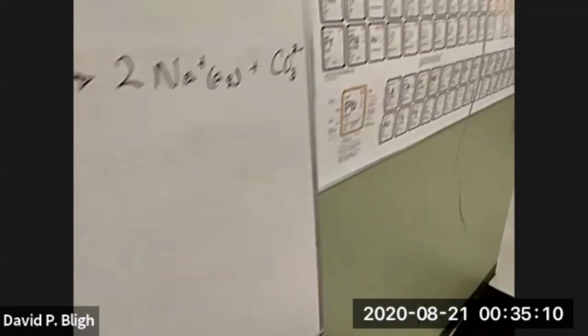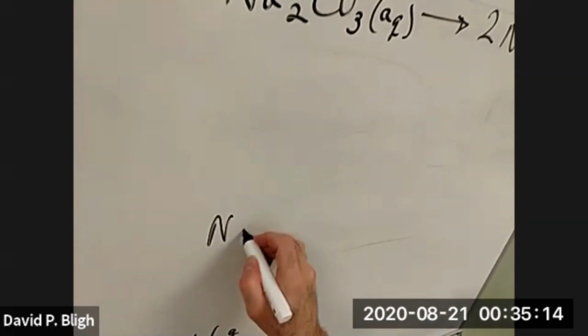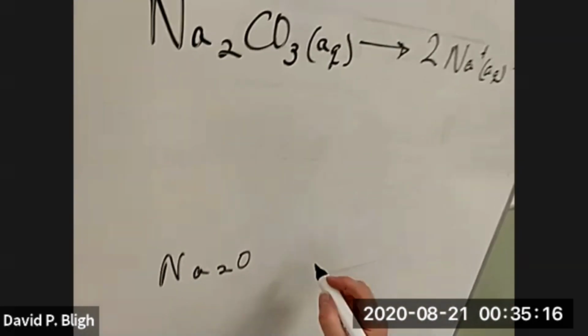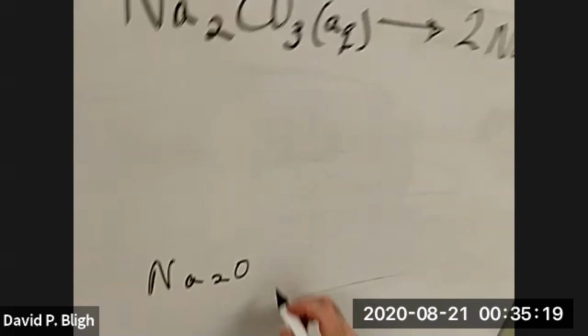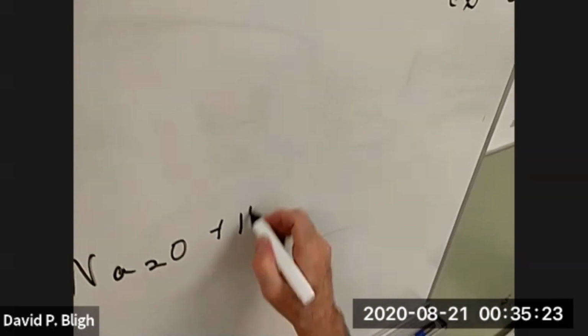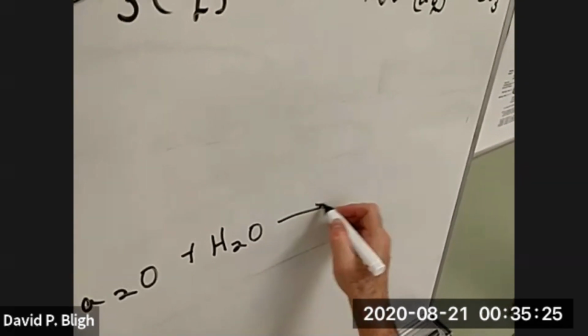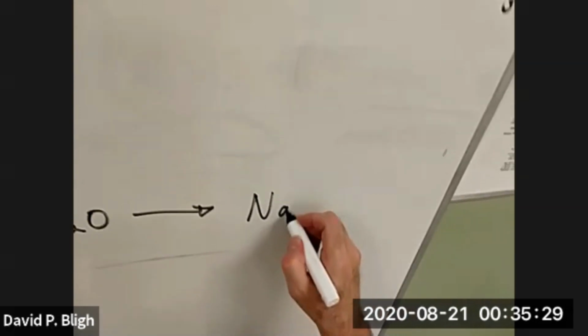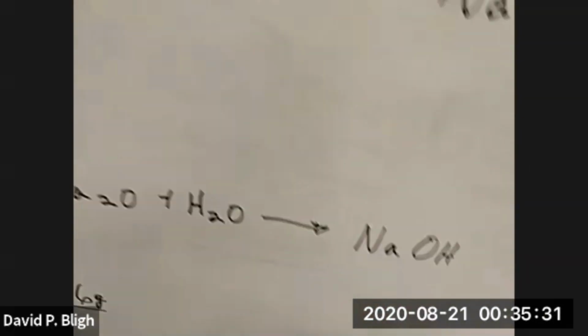Okay? Sodium oxide in solution goes like this. It actually reacts with the water. Right? So what it gives you is sodium hydroxide.